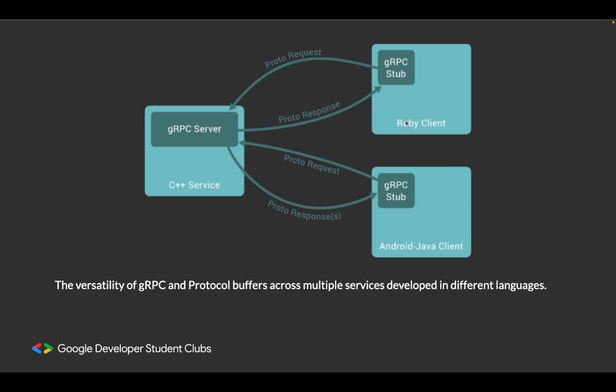So you're building your clients that your users will interact with in Android or Java or Ruby, and they can have their own sophisticated front ends without having to rely on the same technology that you chose for your server, and they communicate in the same language, which is the protocol buffers.